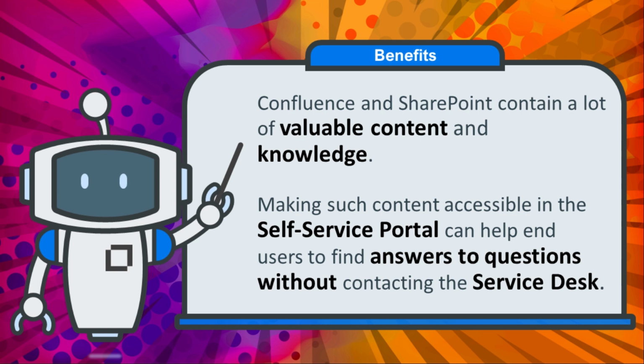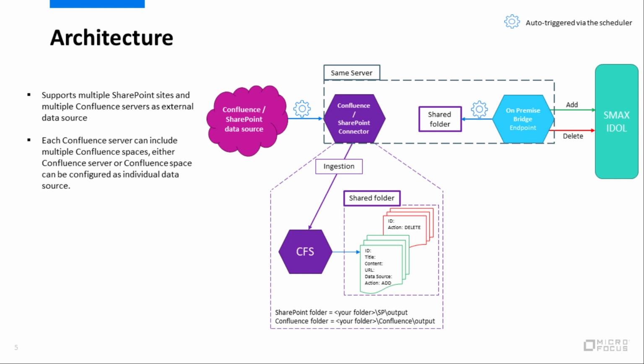So how is this going to work? I have a little slide here showing what the architecture looks like. Let me start on the left side, where we have Confluence or SharePoint represented as a data source. To realize this integration, you need to provision a new server.